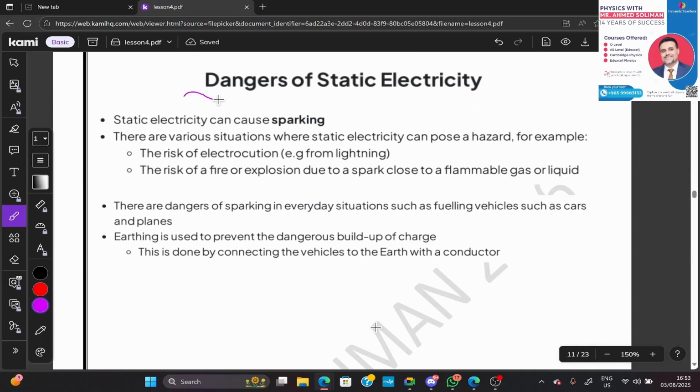Now the last thing is about dangers of static electricity. Of course, static electricity can cause a fire. Okay? By what? Static electricity can cause a spark. Okay?